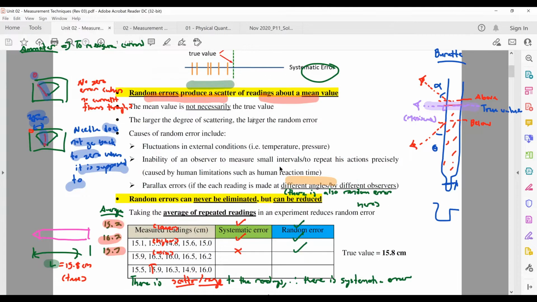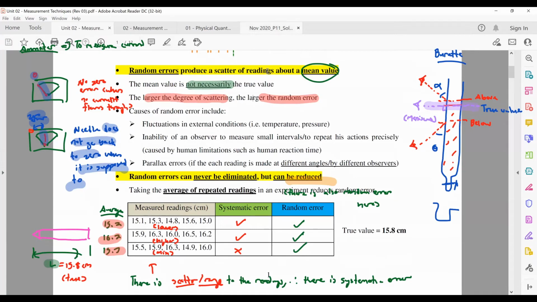Random error is caused by fluctuations in external conditions such as temperature and pressure. What I mean by that is this. If the pen that you measured is made of metal, the metal will expand when temperature increases and contract when temperature reduces. Say you are taking repeated measurements of your pen and the temperature fluctuates. If the temperature increases, the metal expands and the length you get is larger.